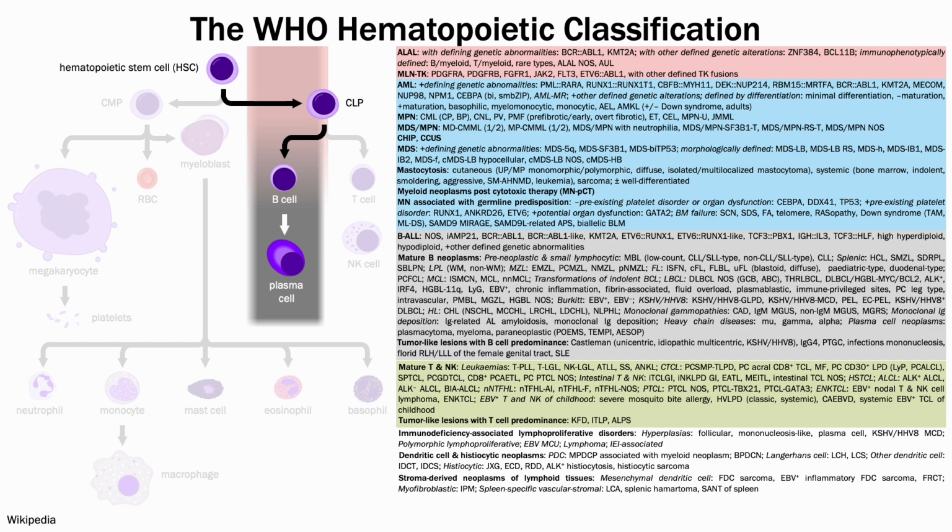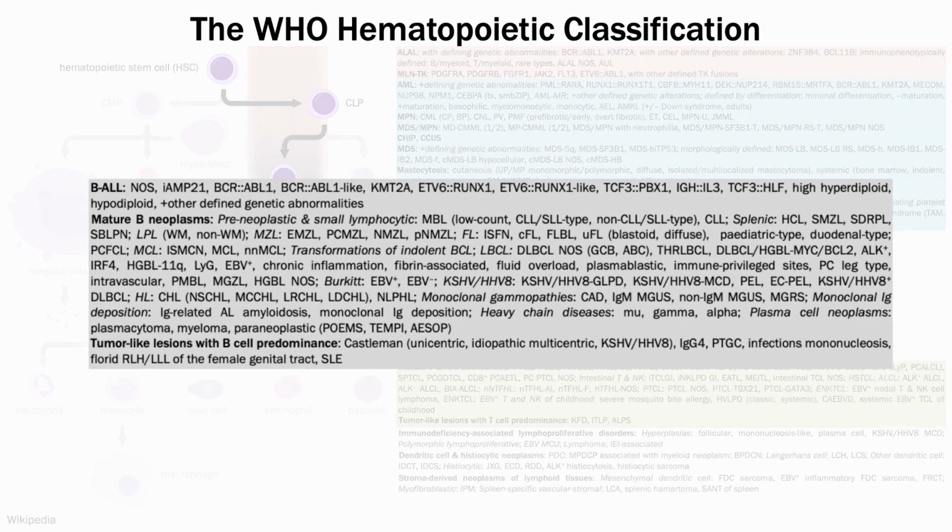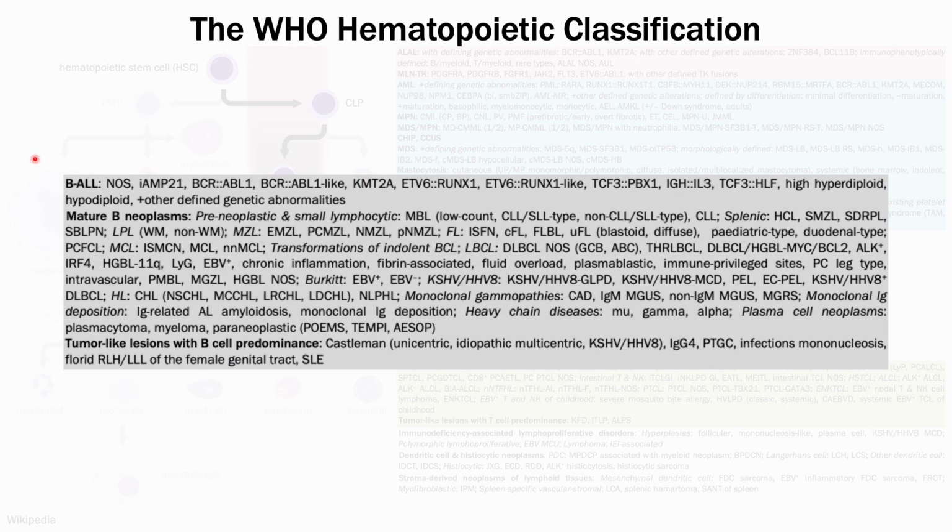If we go back to our giant list of diagnoses, I've briefly overviewed B lymphoblastic leukemias. Small B-cell lymphomas have a lot of different subtypes, and they can also transform into large B-cell lymphomas, a category called transformations of indolent B-cell lymphomas. Although with mantle cell lymphoma, we tend to refer to the ugly ones as blastic or pleomorphic rather than DLBCL.